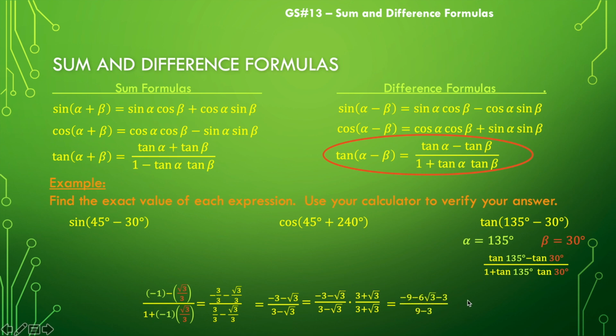So all of that stuff put together looks like this. Now I can put these terms together on the bottom, the 9 minus 3, and I can also put the -9 with the -3 on the top, and it's going to kind of look like this. -12 minus 6 rad 3 all over 6. Now if I divide that 6 out, I'm left with a final answer of -2 minus the square root of 3.